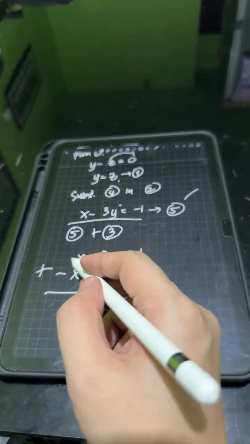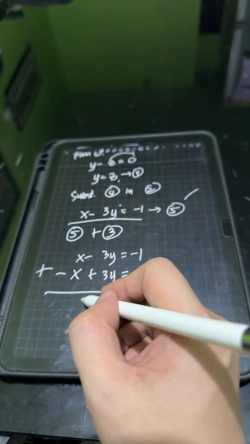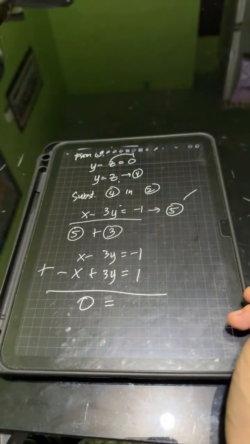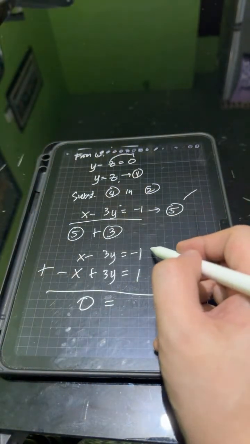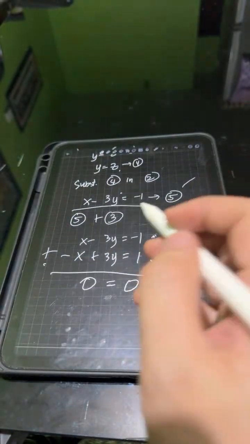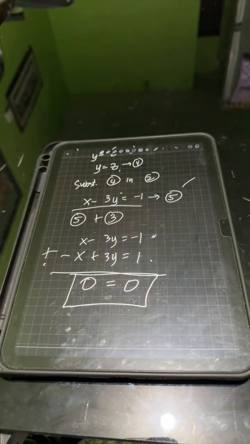So both x and y this time are eliminated. Therefore, we are left with 0 on the left side. On the right side, negative 1 plus 1, 0. So it means that the resulting equation, 0 is equal to 0, is true.